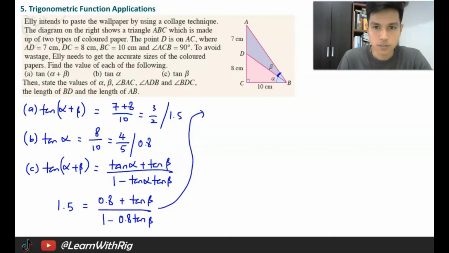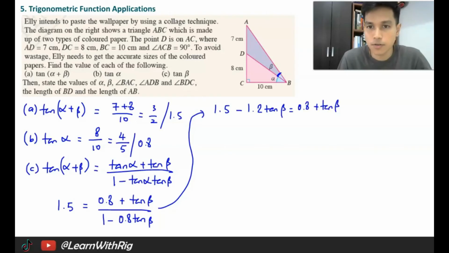So I rearrange this, I should get 1.5 minus 1.5 times 0.8. What is 1.5 times 0.8? 1.2. So 1.2 tangent beta equals 0.8 plus tangent beta. Okay, so I rearrange this, I should get 2.2 tangent beta.